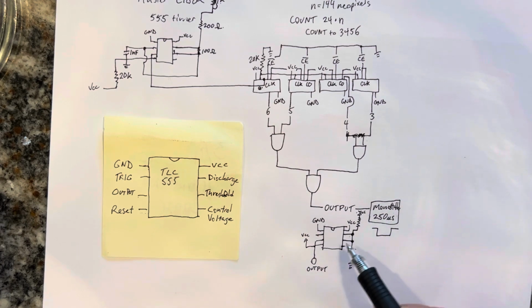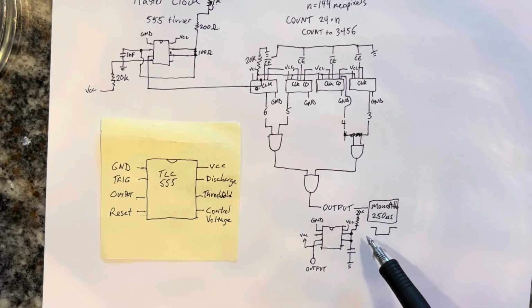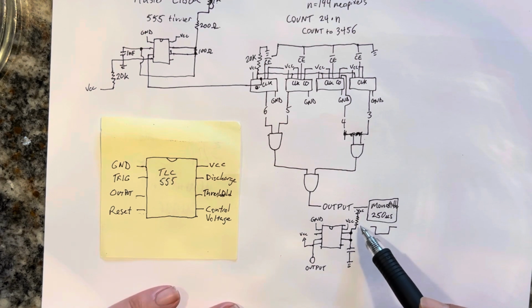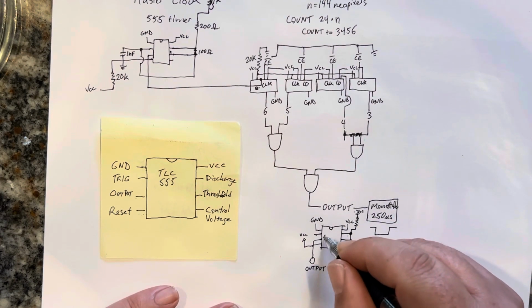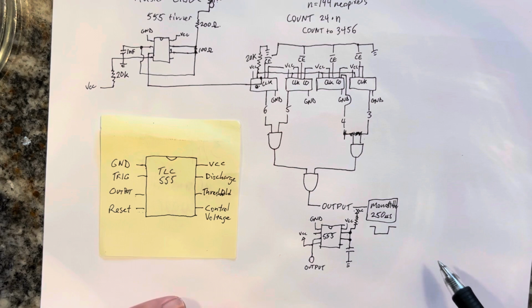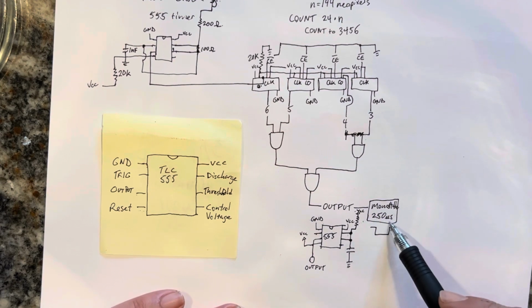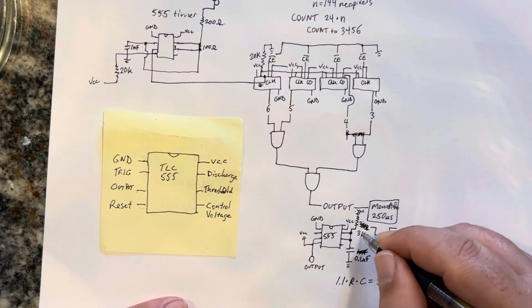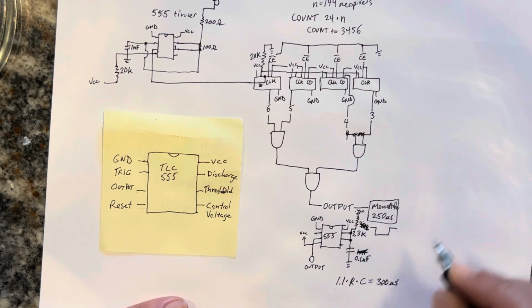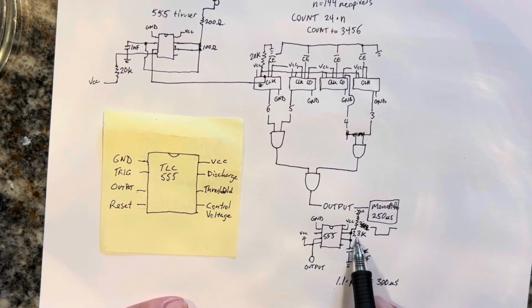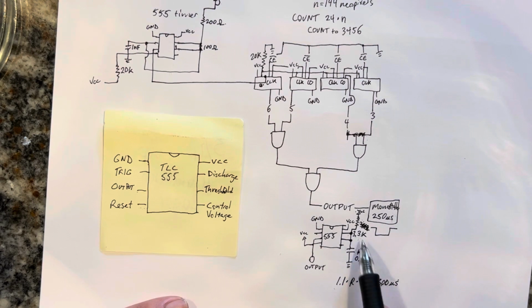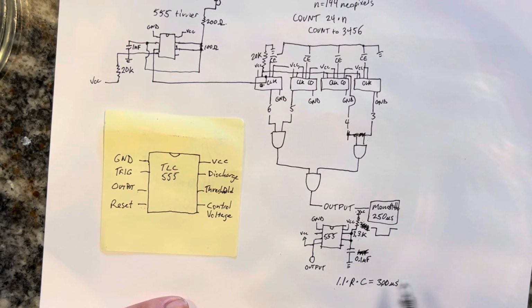So in order to generate a monostable pulse with this 555 timer, you need to get it to generate a signal of at least 250 microseconds. I think I actually used a 3.3K resistor here. So yeah, this is a 3.3K resistor and 0.1 microfarad capacitor.